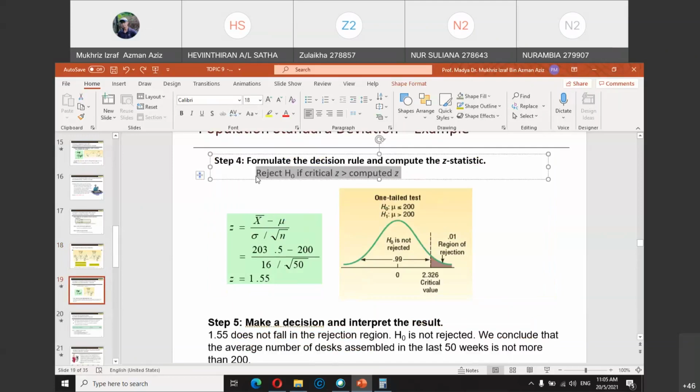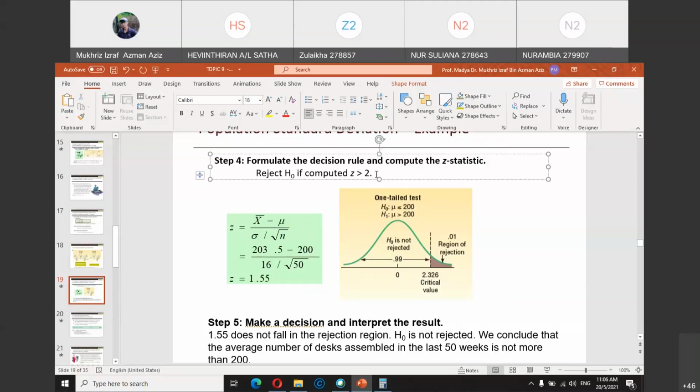Reject the null if computed Z is more than critical Z. There is a typo here.